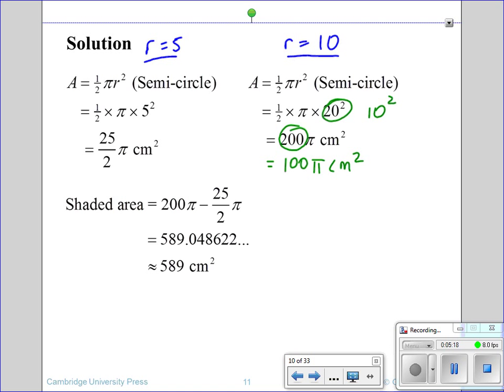Now all we need to do once we're doing that is we just need to add them up. So we've got 100.